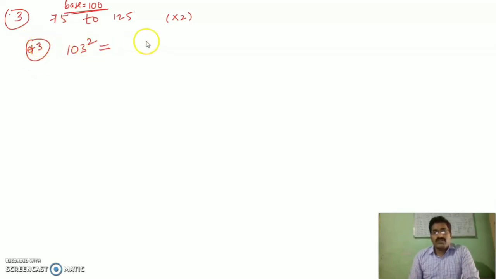So 3 square how much? 9. 9 means 09. Next step is double that number. Double 3, 2 times 3, 6. So add 6 to 100. 6 plus 100, 106.